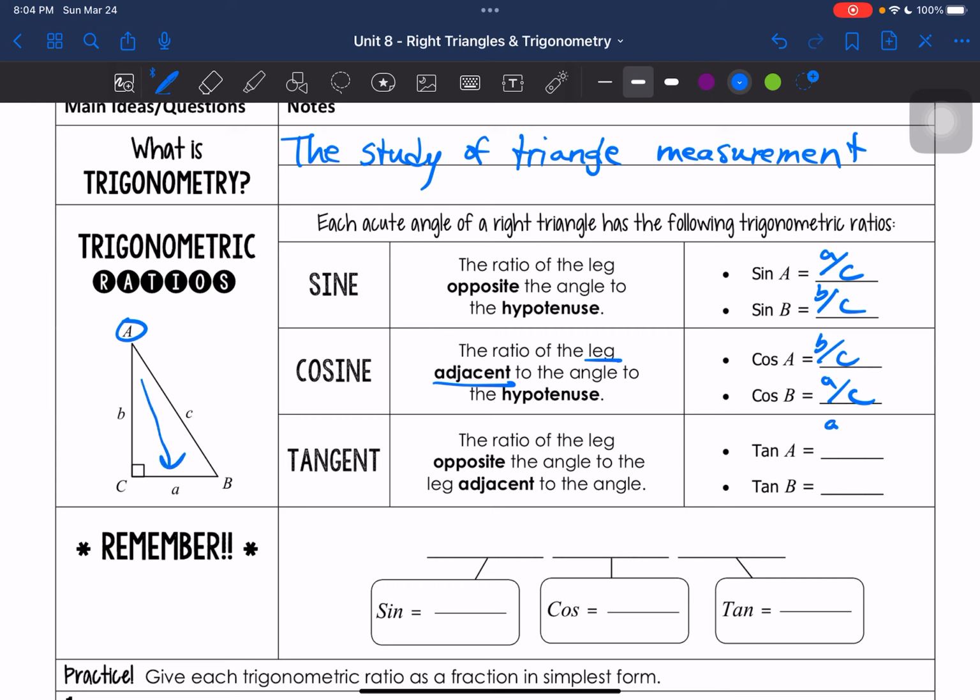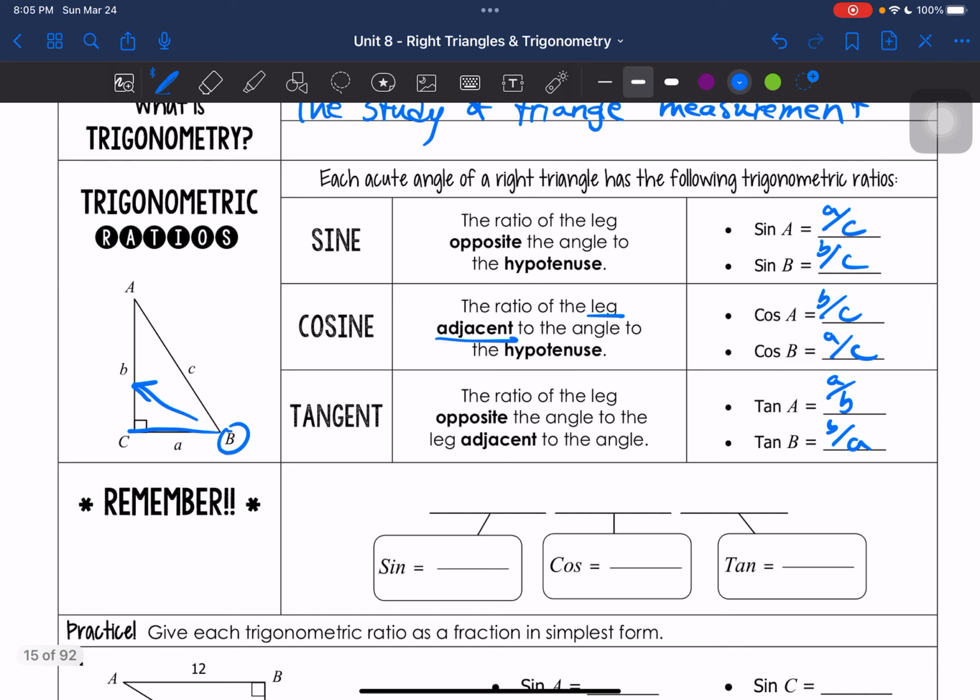So that would be side A. And then on the bottom, we want the side that's adjacent to it, or touching it, which would be side B. If we want the tangent of angle B, then we pick first the side that's opposite to it. So that's going to be lowercase b, and then the side that's adjacent to it, side by side or touching, would be lowercase a.